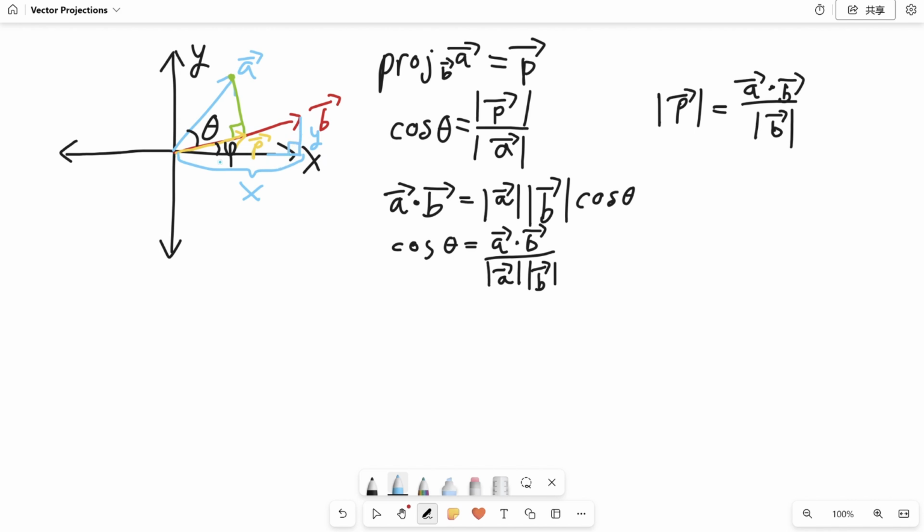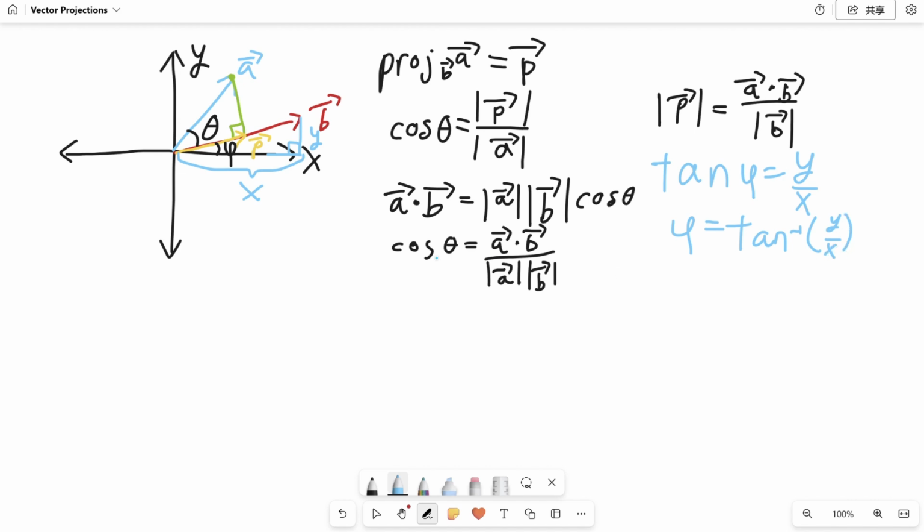Because this is the right angle and this is on the x-axis, this is the x component of vector B, and this is the y component of vector B. Therefore, tangent phi is equal to y over x. We know the components of vector B, so we can figure out angle phi. Angle phi is just the inverse tangent of y over x.